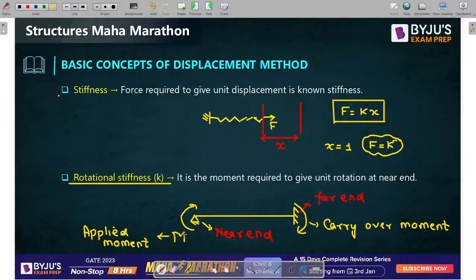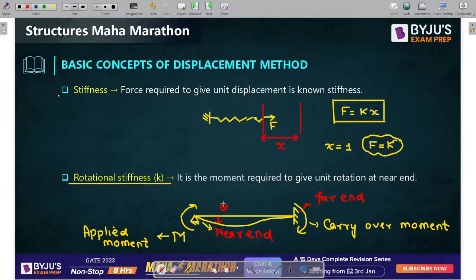Now guys, if you apply a certain moment, what will happen? The beam will try to deflect in this way. If the deflection is like this, then this is the rotation which is caused at the near end, and the rotation at the far end is 0.